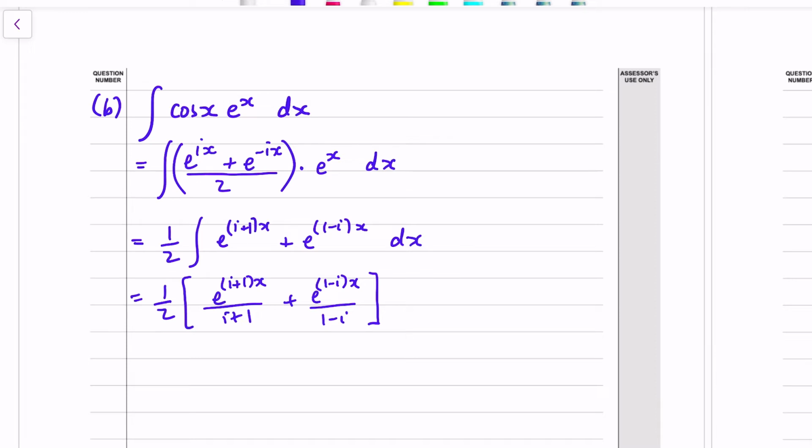And this looks nothing like the expression we saw on question 4 when we did this problem in an earlier video. But to get it into that format, all we need to do is rationalise these things. So times by the conjugate of the denominator, top and bottom. So if I do that, times by i minus 1.